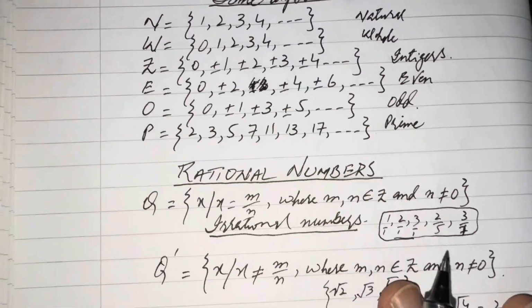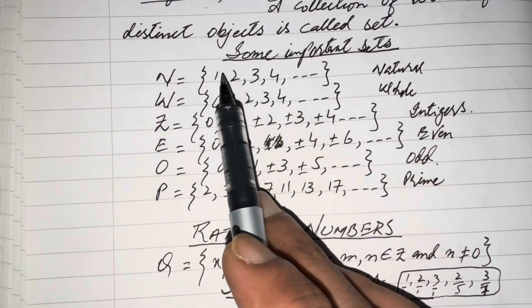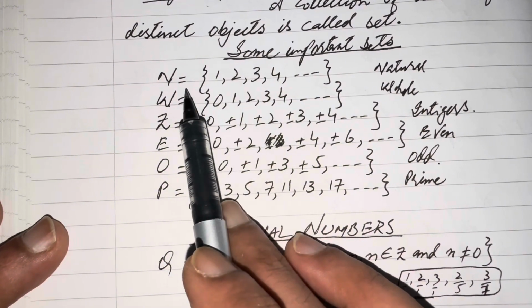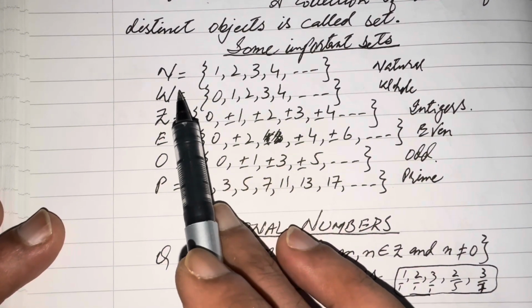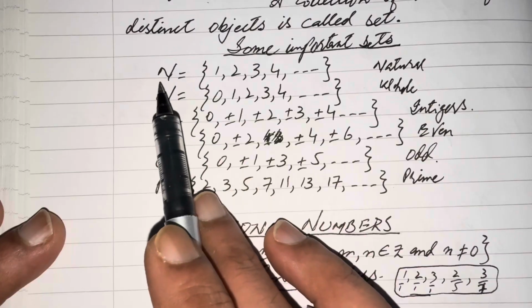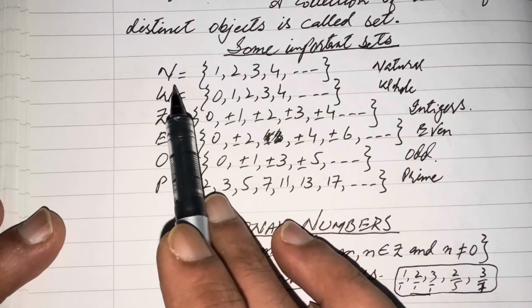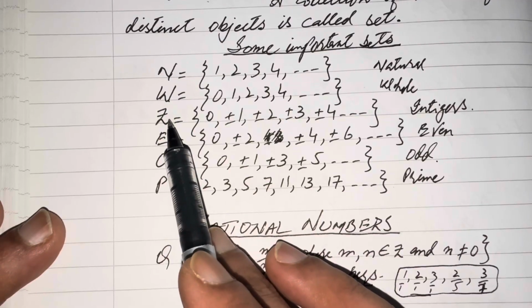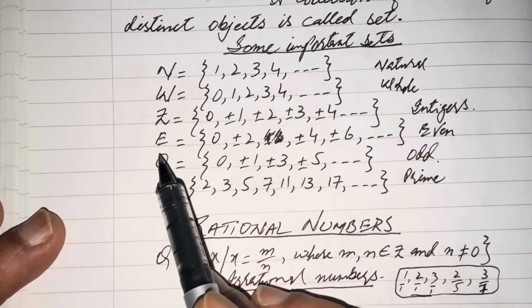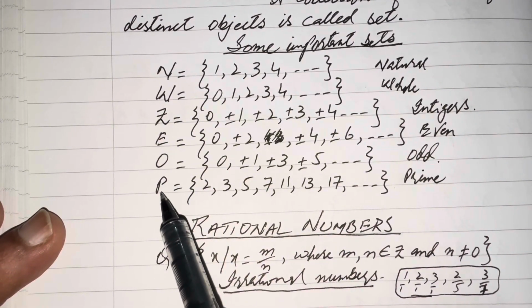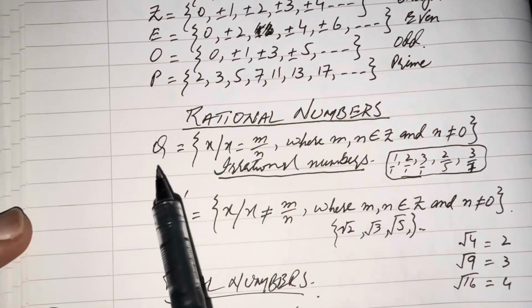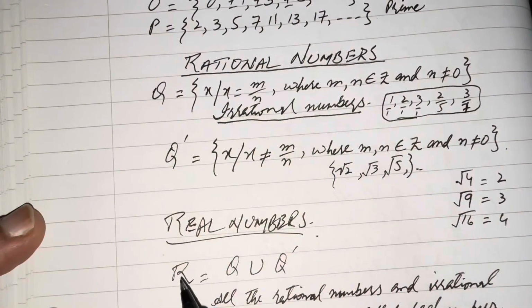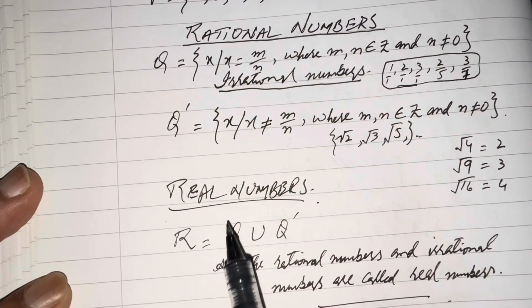So we have learned about the sets and some specific names that are given to the sets in front of you: N for natural numbers, W for whole numbers, Z for integers, E for even numbers, O for odd numbers, P for prime numbers, Q for rational numbers, Q dash for irrational numbers, and R for real numbers.